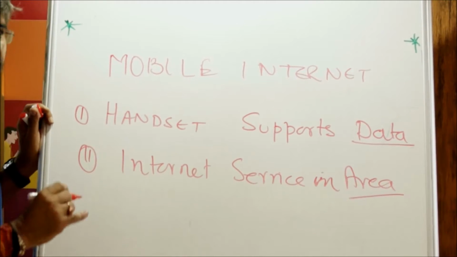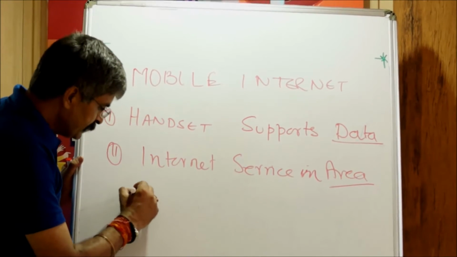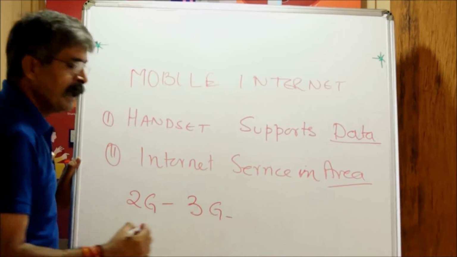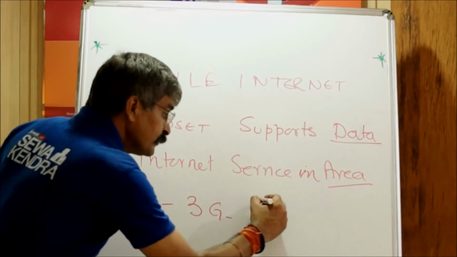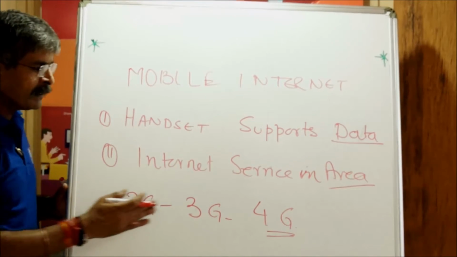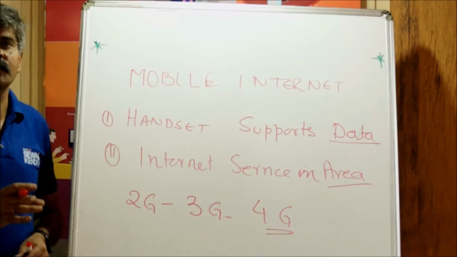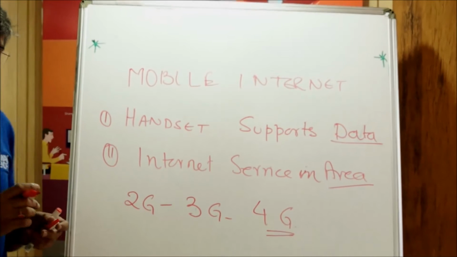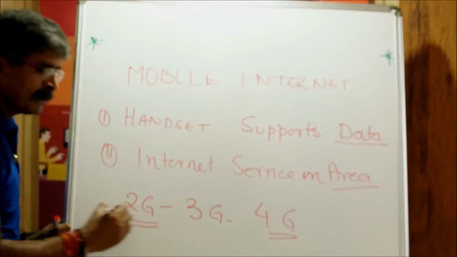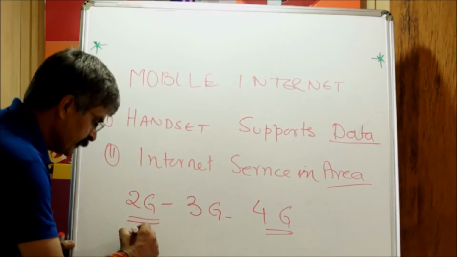Now there are two kinds of services available these days. One is the 2G service and another is the 3G service, and in some areas we also have the 4G service. These are three different generations of mobile and data communication. 2G is like the bullock carts in olden days.